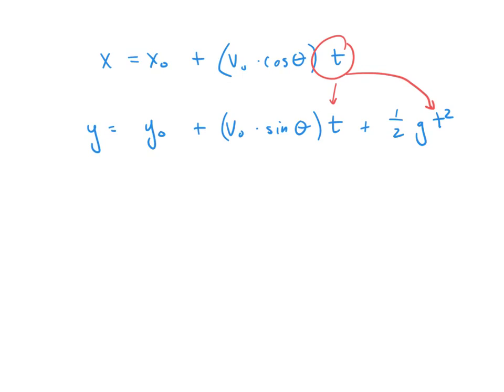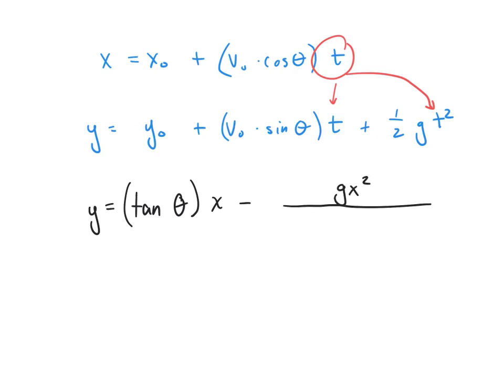And this, as a result, yields a third equation that eliminates time as a variable and allows us to have the position y as a function of the position x. This is the resulting equation you're going to want to jot down. Okay?